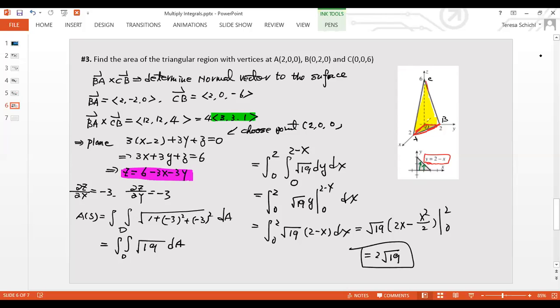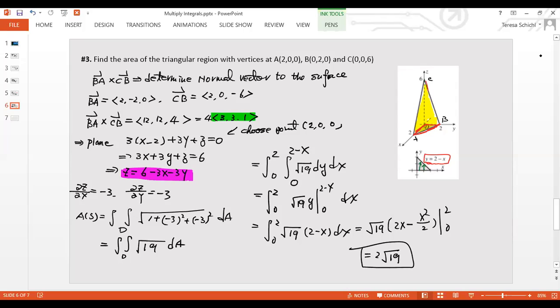Okay, so this is a pretty good problem. It combines several things. First, we need to know how to find these surfaces, right? In order to find the plane, we need to know the normal vector. So what is the normal vector? We need two vectors, and we take their cross product.